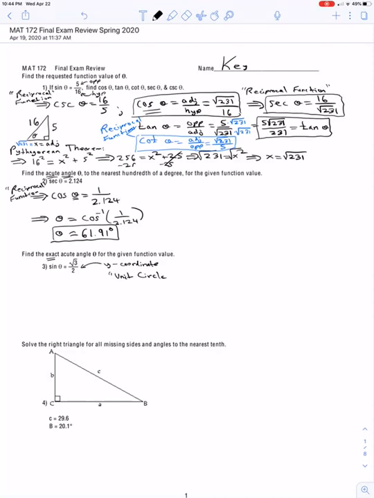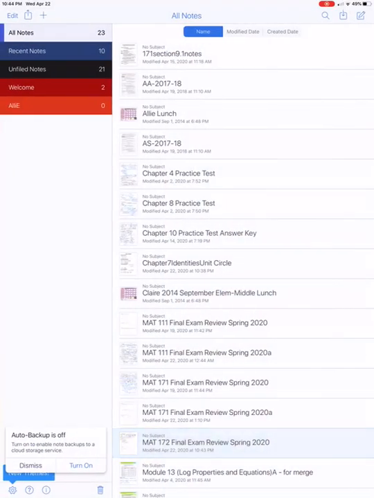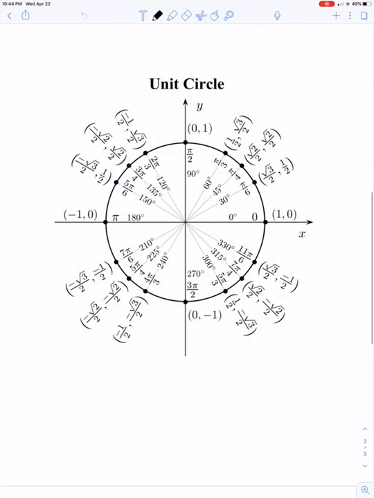So if you look at your unit circle, let's bring it up here real quick. You can see here on the unit circle, at 60 degrees, here's our special angle. Rotation of 60 degrees puts us at this ordered pair on the unit circle of 1/2, square root of 3 over 2, which we've proven with right triangles.